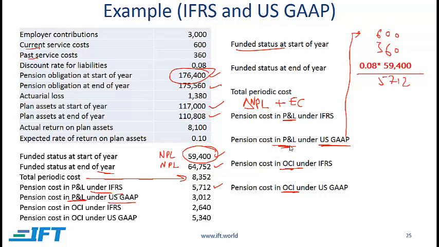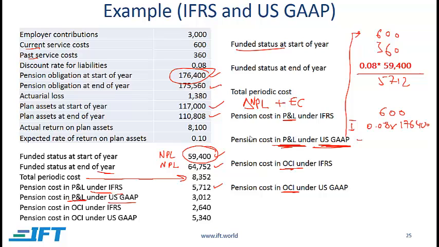Then the pension cost that is shown in the profit and loss if we were using US GAAP. With US GAAP, only the current service cost is shown in the P&L, so we have 600. Then we have the interest expense, which is going to be 8%, 0.08 multiplied by the pension obligation at the start of the year, which is 176,400. And from this we subtract the expected return on plan assets.